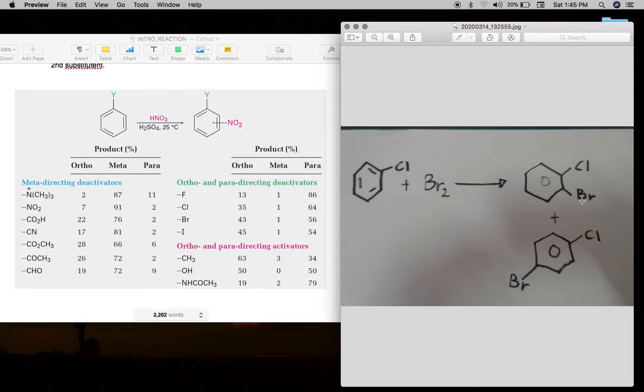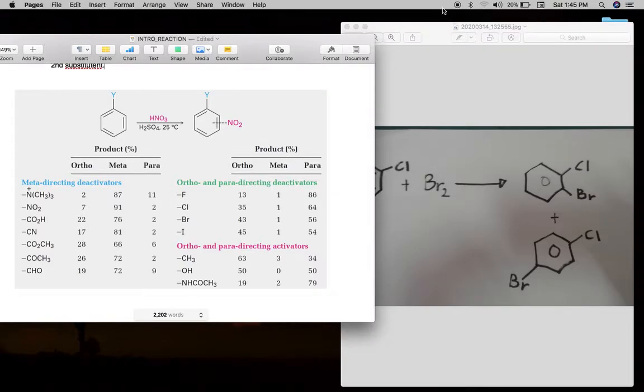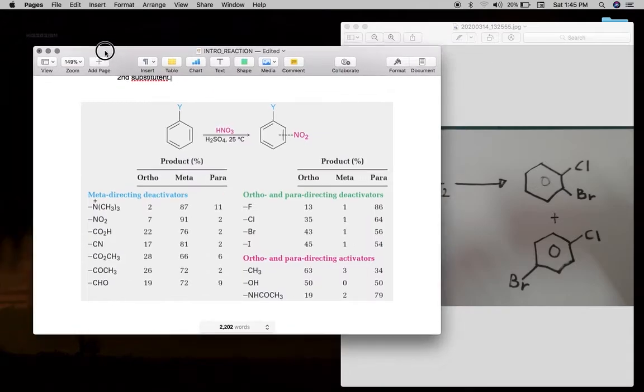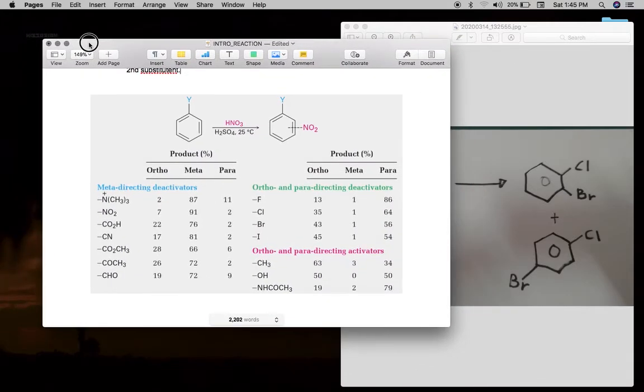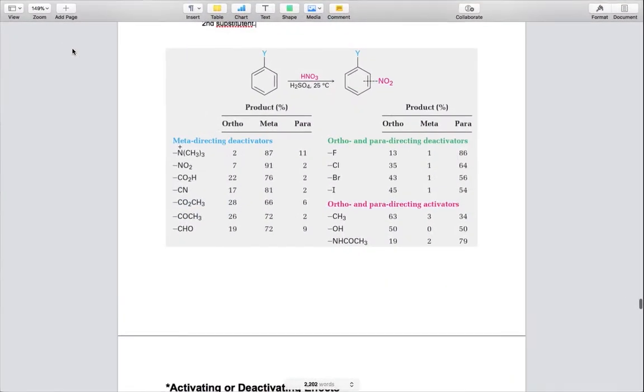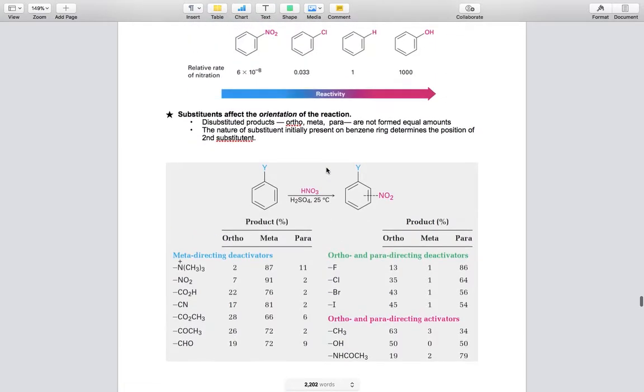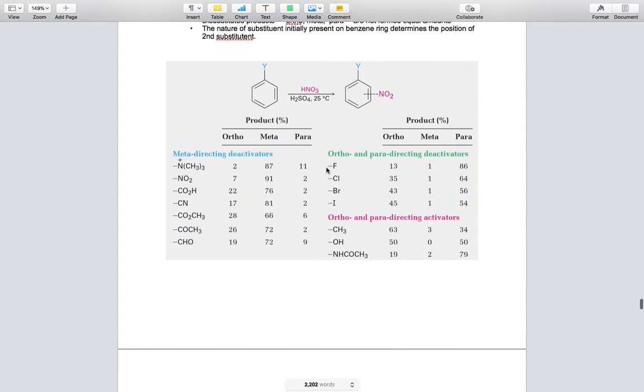So, we have the bromochlorobenzene or the para-bromochlorobenzene. Ortho and the para. So, ganyan lang siya, guys. Okay? Do not forget that, okay?